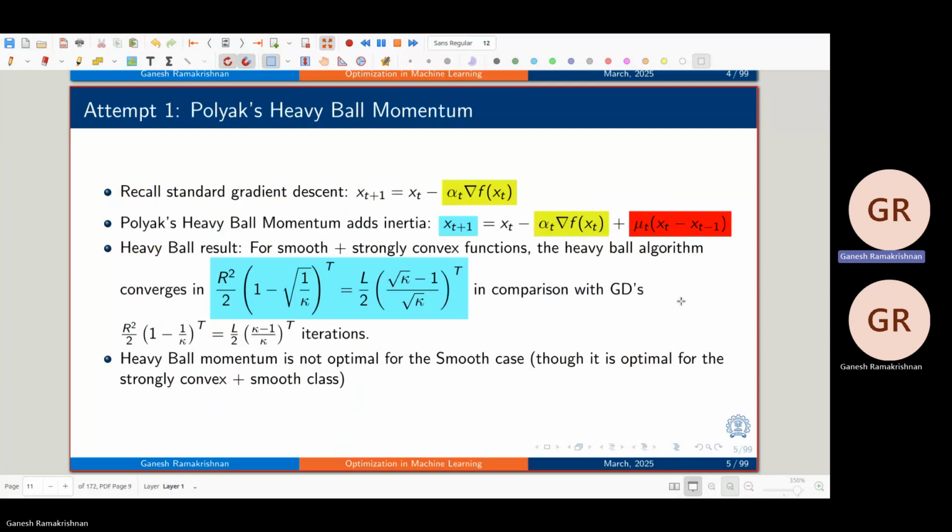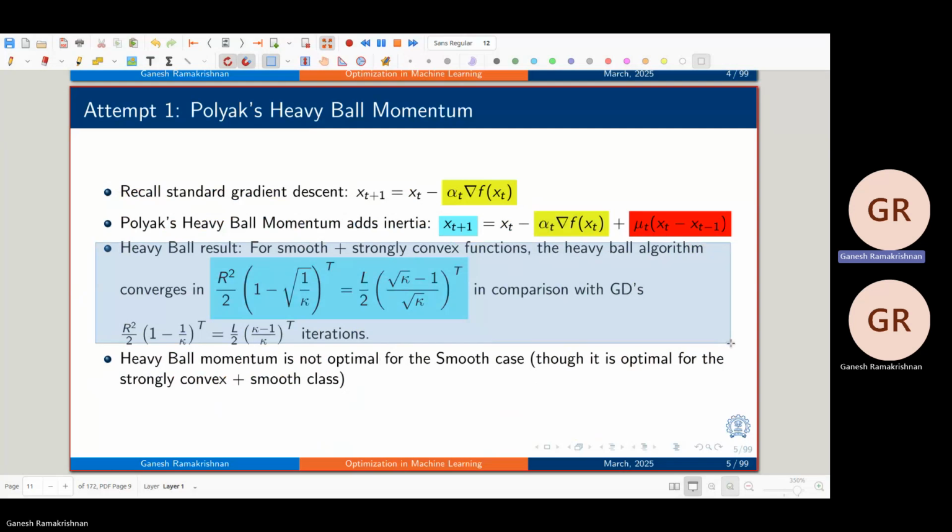Okay, so this is what happens to Polyak's heavy ball momentum. As I said, it is basically looking at the gradient at the old step and adding a velocity component to it. It turns out that for the smooth and strongly convex case, which is our ideal case, where we didn't really have a gap so much, it is as good as it was earlier.